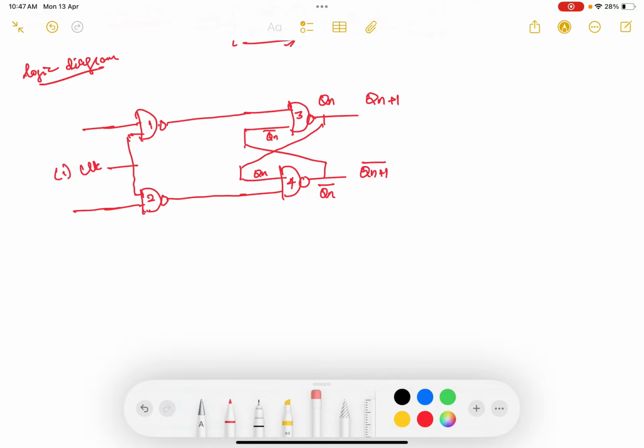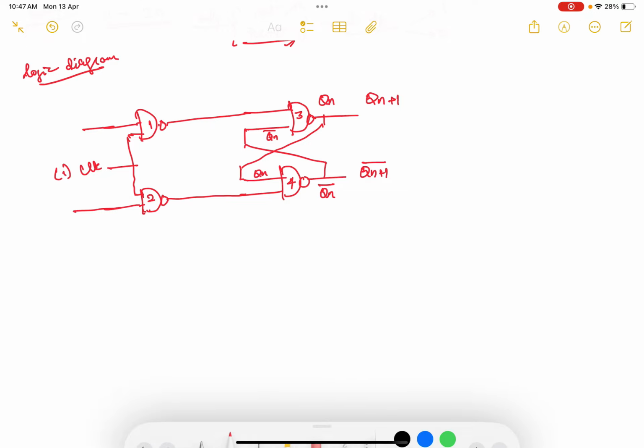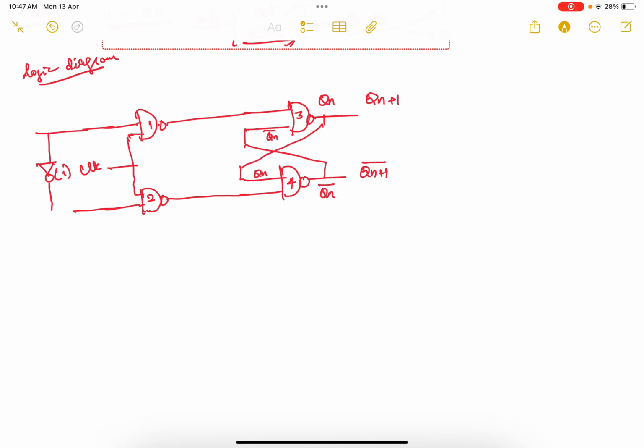In order to make this a D flip-flop, what I am going to do is connect both the inputs through a NOT gate, and set the input at D. So if this is D, the other will be D bar.